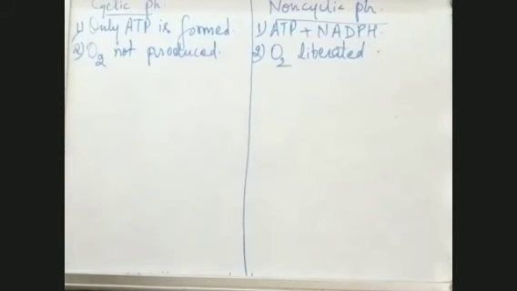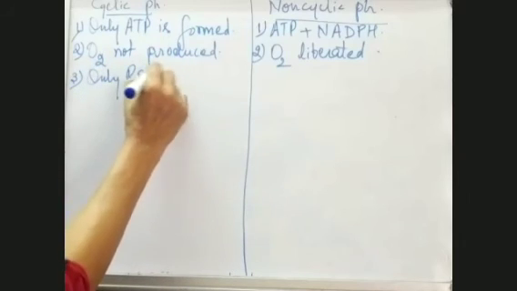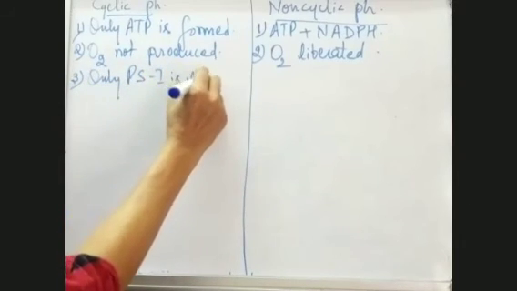Now let's talk about the photosystems. In cyclic photophosphorylation, just one photosystem is required, so only PS1 is required.